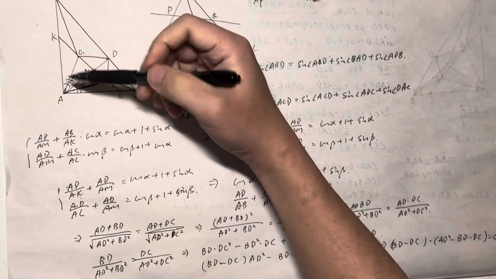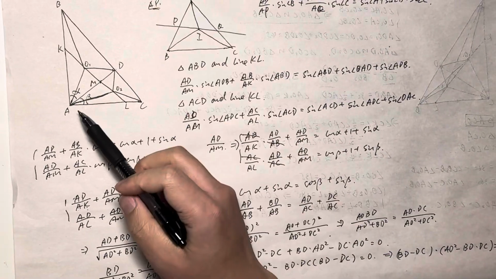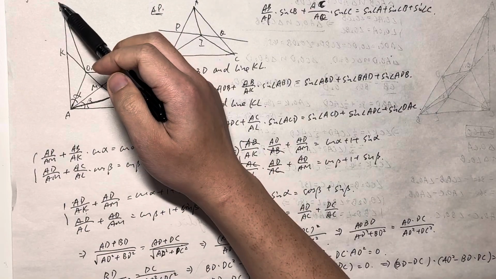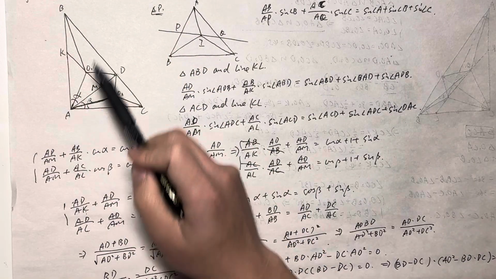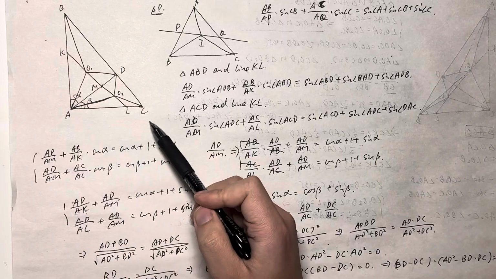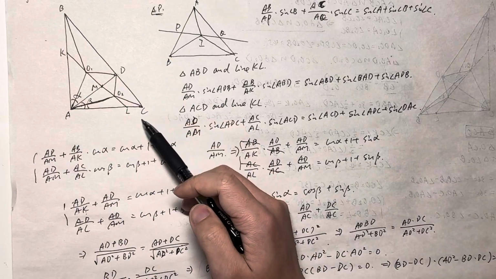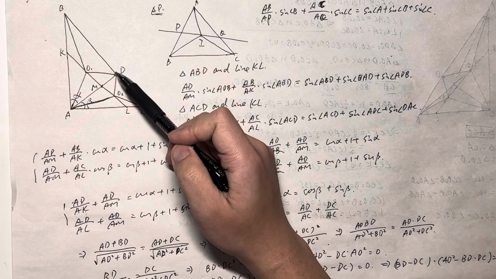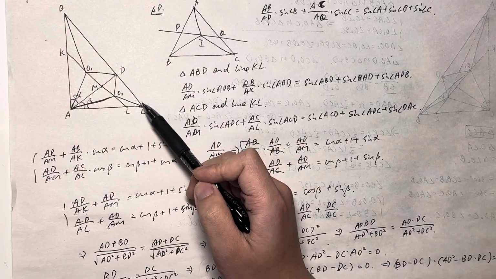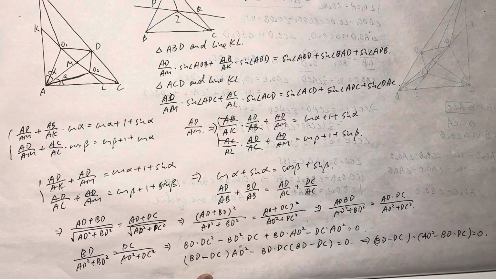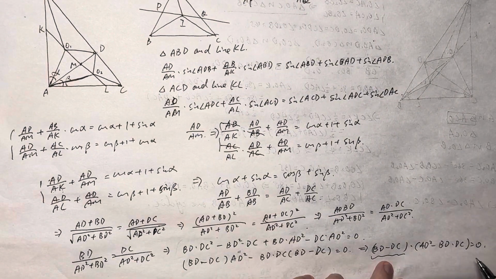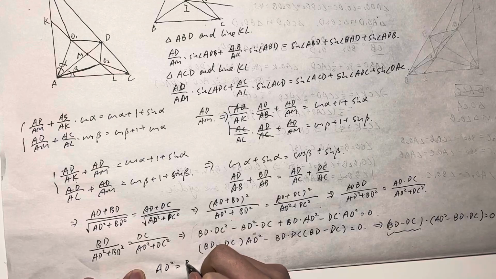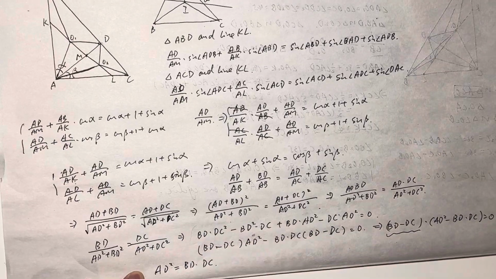We already know that AB is not equal to AC and AD is perpendicular to BC, right? So if AB equals AC, then BD equals DC. But AB is not equal to AC, so BD is not equal to DC, which means this term is not 0, which means AD squared equals BD times DC, right?